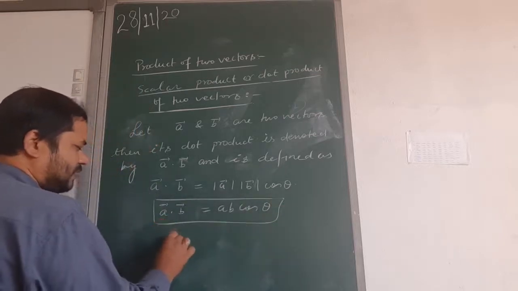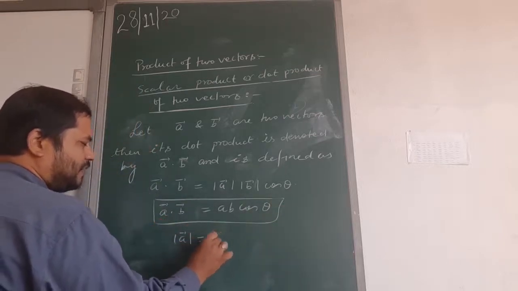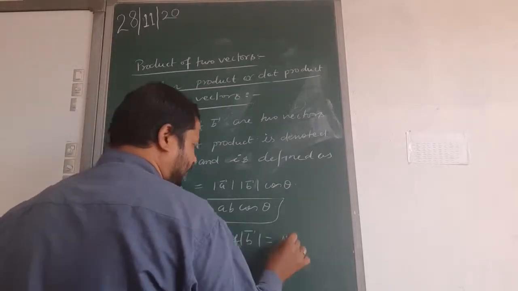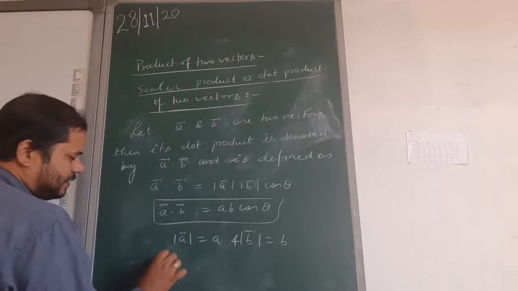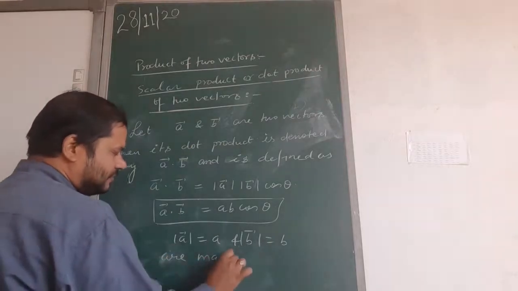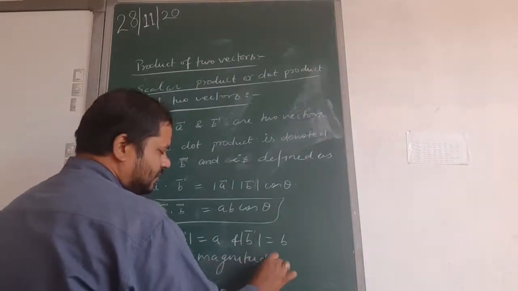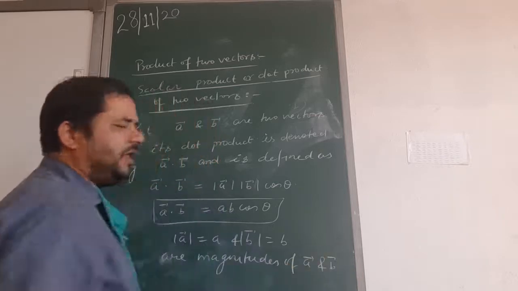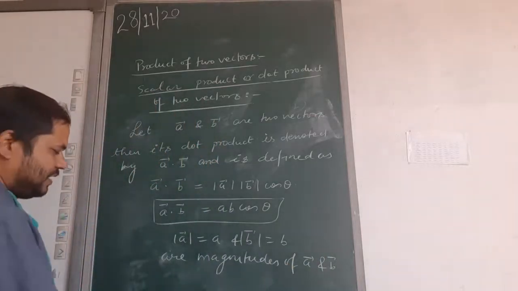where mod of A is equal to A and mod of B is equal to B are magnitudes of vector A and vector B. And what is theta?